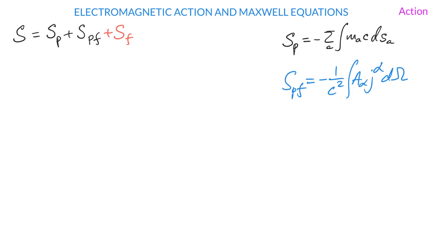Well, as any other term in the action, it has to be Lorentz invariant, so we can only insert Lorentz scalar quantities in this action. Now, if we tried to use the potential itself, A sub alpha, we would have a problem.